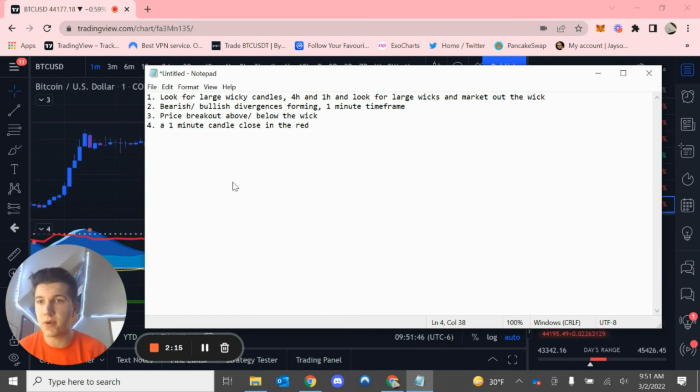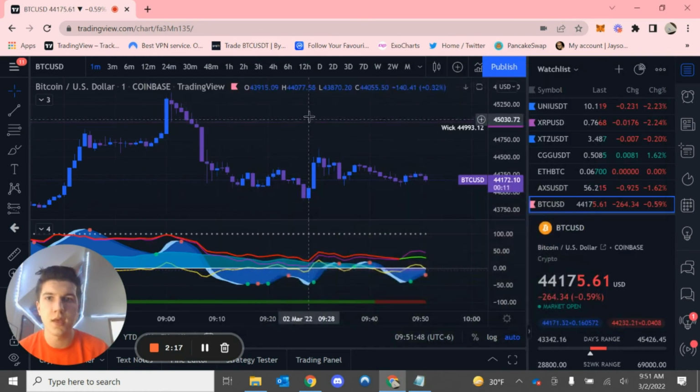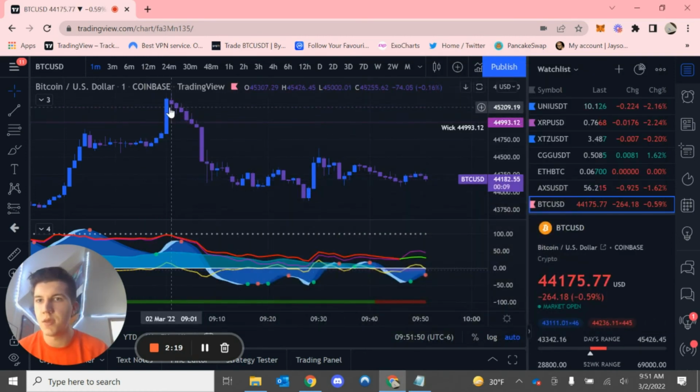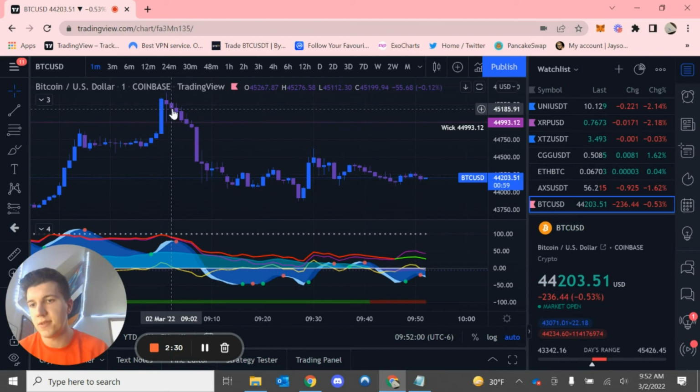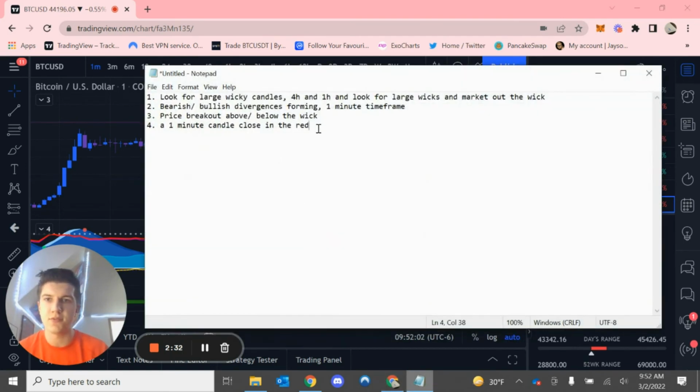Now you want to wait for it to confirm. Meaning with this one, I would not have entered on this candle, but once this candle confirmed and closed purple in this case, I would have entered on the next candle. And so that is just a general rule of thumb.